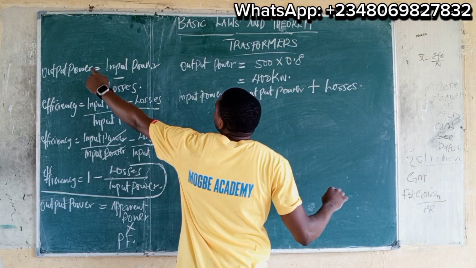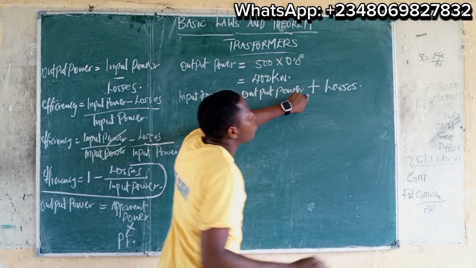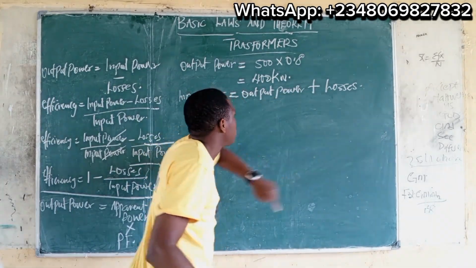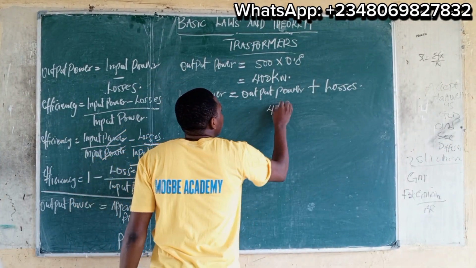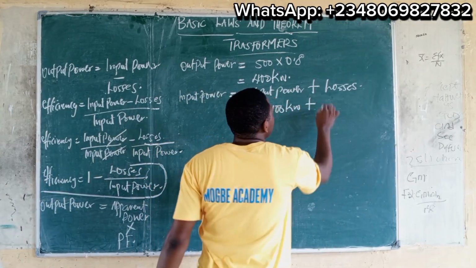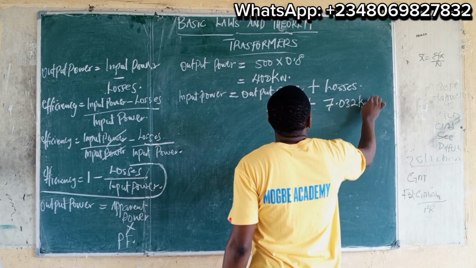This subtraction is crossing an equality sign, so it's becoming what? Addition. So you have output power plus losses. Now we already have our output power to be 400 kilowatts. And we already know our loss to be 7.032 kilowatts.